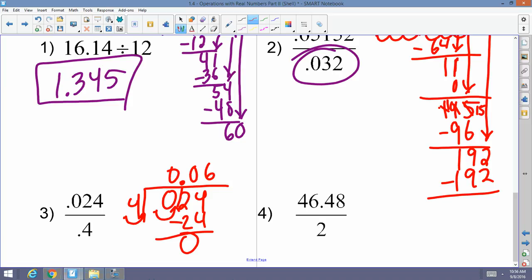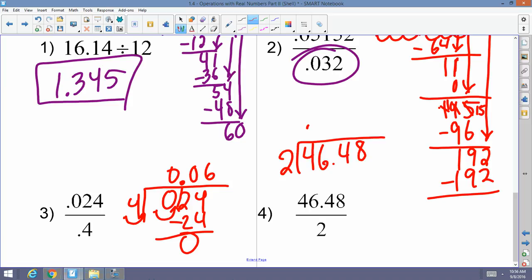And then this one's real simple. Here in this case, who goes on the outside? Thank you. No, 4 goes into 2, 0 times. 2 goes into 4, 2 times. Thank you, I was thinking about it the other way. Who goes on the outside here? 2, yeah, absolutely. The denominator always goes on the outside.